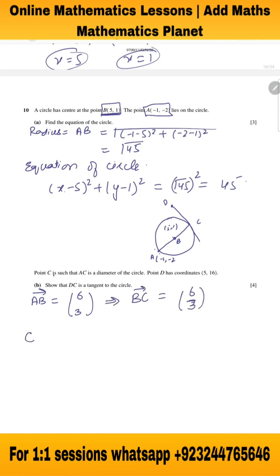So what will be the coordinates of C? The coordinates of C would be 5 plus 6, 1 plus 3, which is 11, 4.